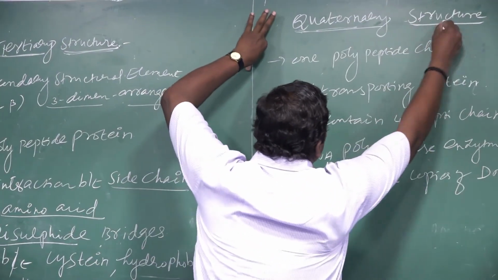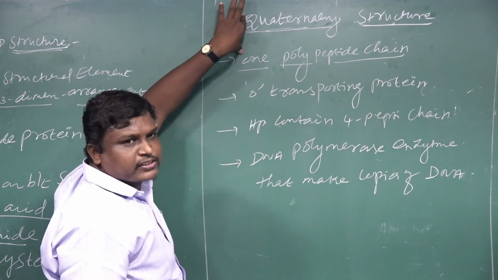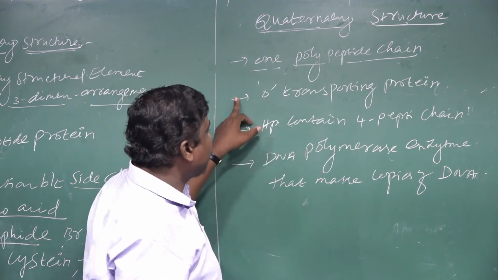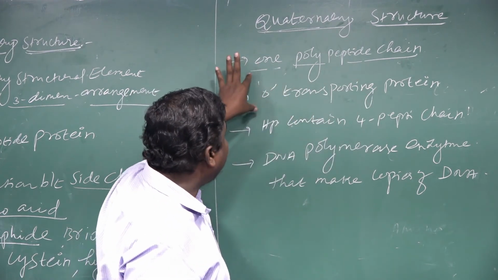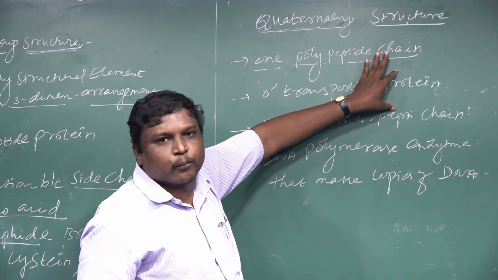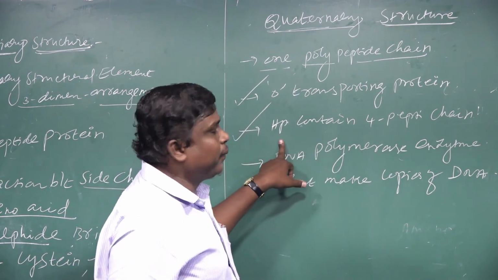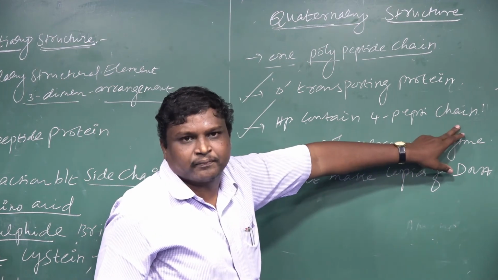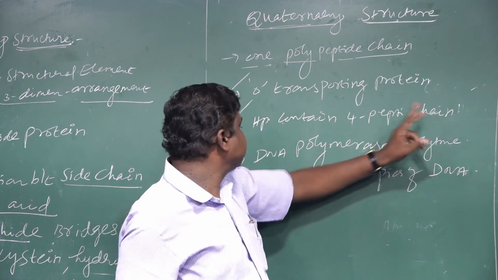The quaternary structure contains more than one polypeptide chain. First number 1, it contains polypeptide chains. Second one is an oxygen transporting protein. Point number 3, hemoglobin contains 4 peptide chains.